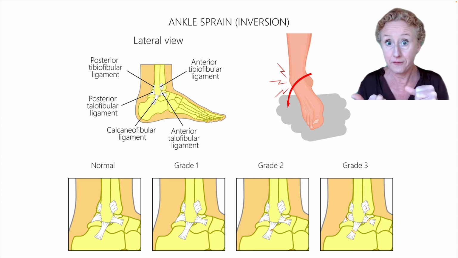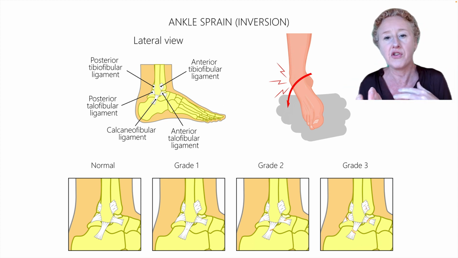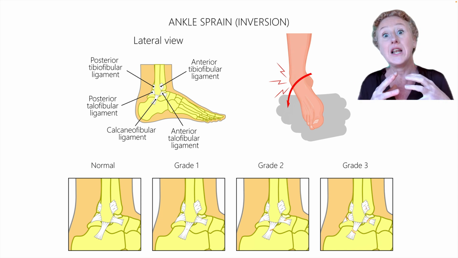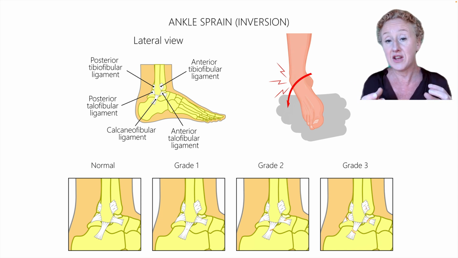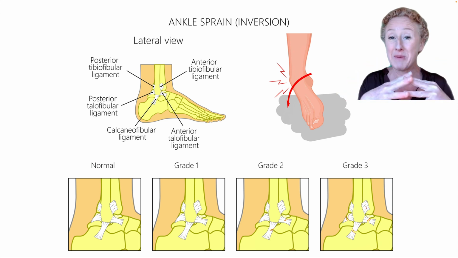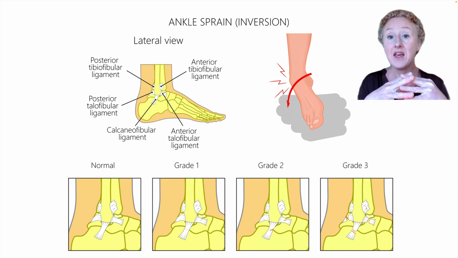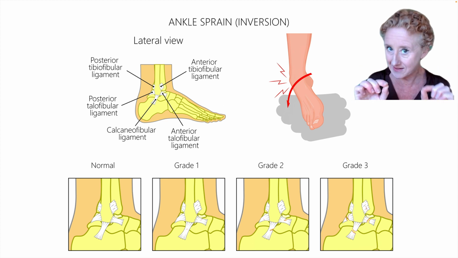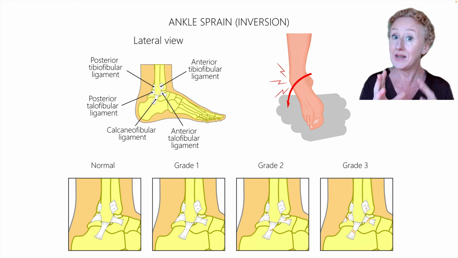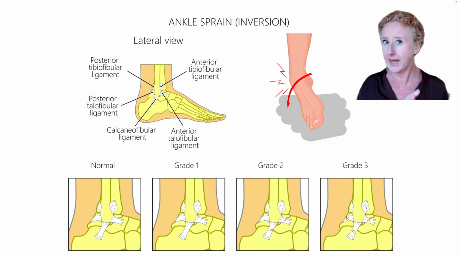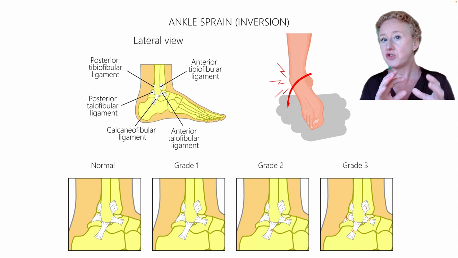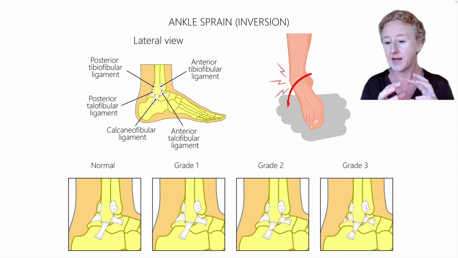However, if you put a load of force through them, like you're falling onto that ankle, then those fibres can tear, and therefore we're losing the stability of the ankle. And because they're not like a muscle that'll spring back again, we've now got what we call permanent laxity at that joint, which we need to offset with our rehabilitation training. We'll get into that. So grade 2, a little bit more damage, a little bit more instability.